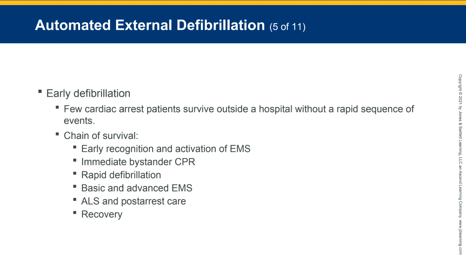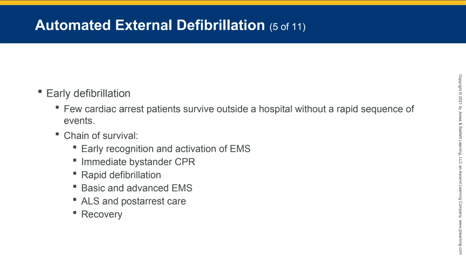Once they activate EMS response, if it's a proper EMS system, they are going to get a dispatcher, and the dispatcher is going to give them instructions on how to perform lay person CPR until EMS arrives. This is extremely important. Lay person CPR until EMS arrives.